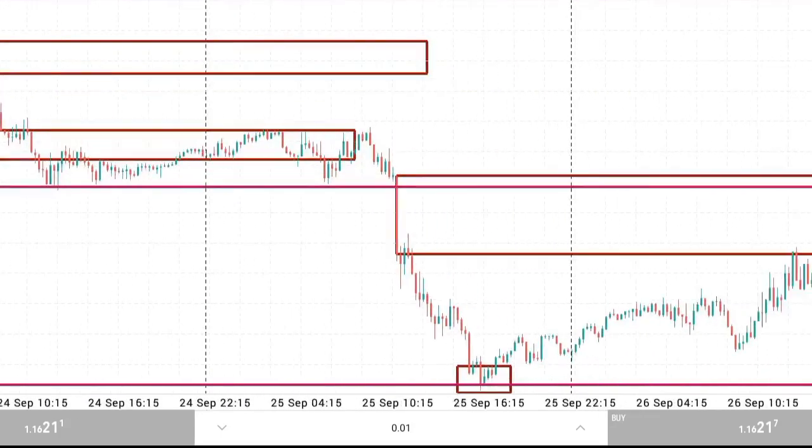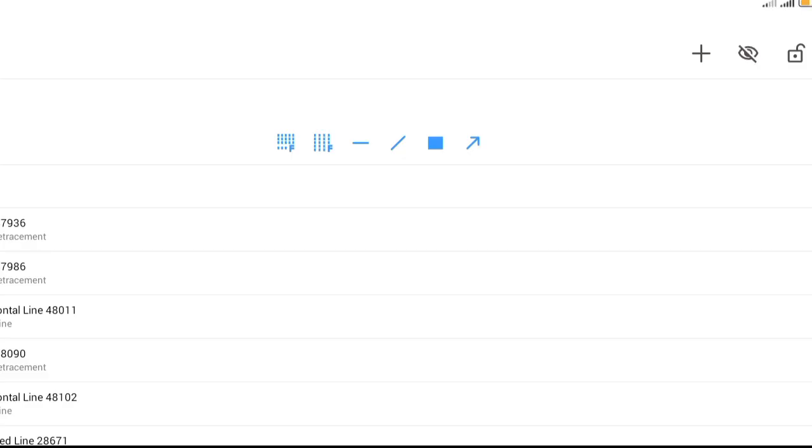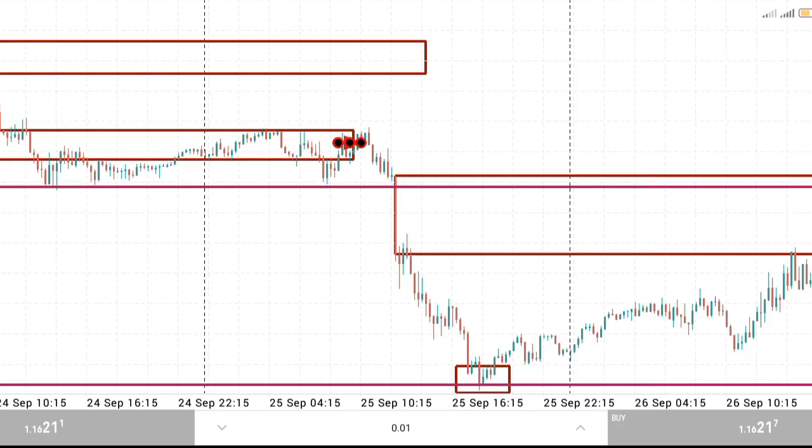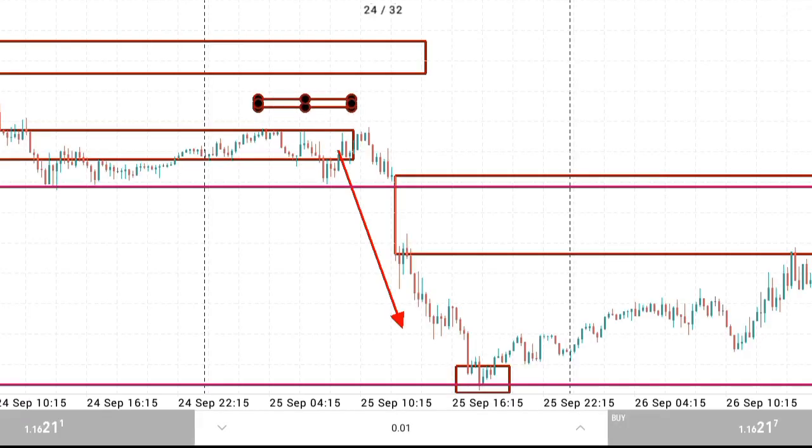For example, you're entering a sell at this particular place. You're entering sell here. Your stop loss will come at this particular place.